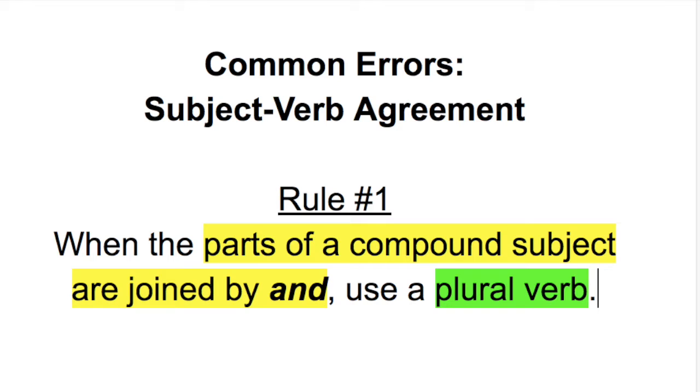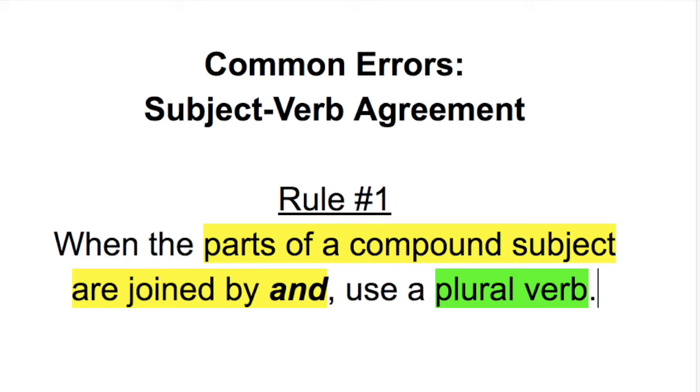All right, let's review the first rule. When the parts of a compound subject are joined by and, use a plural verb. So what that's saying is when we join things together with and, it's like we're adding things together. Okay, I would like an ice cream cone. I would like an ice cream cone and a piece of chocolate cake.